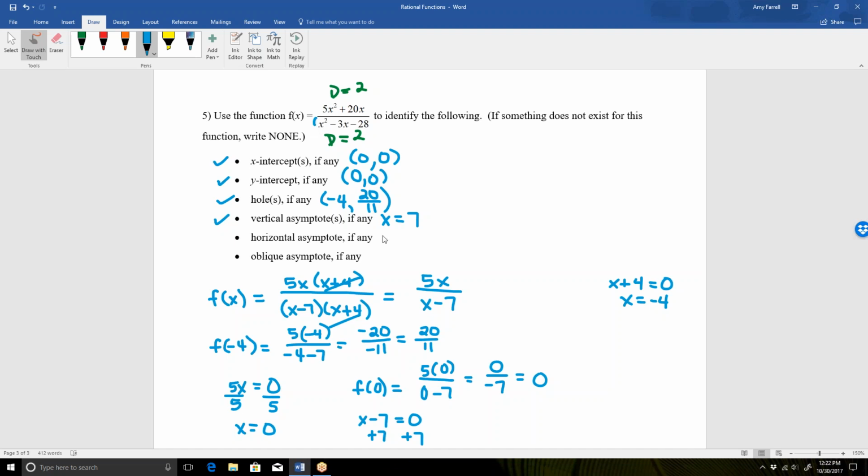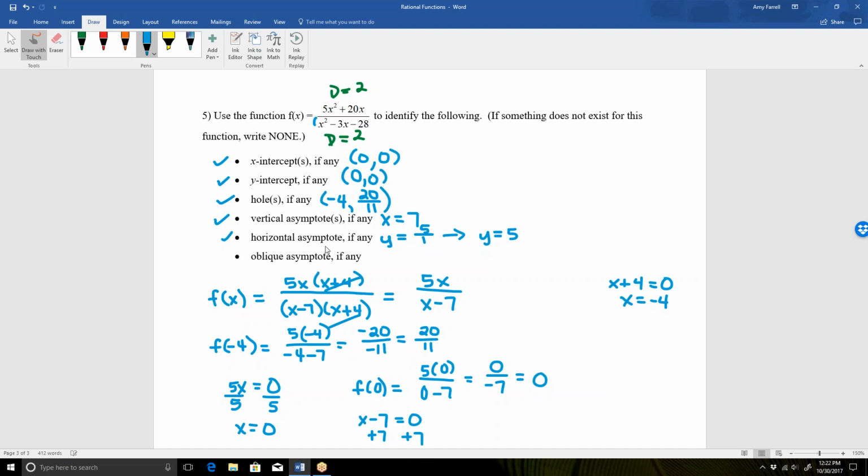So our horizontal asymptote is y equals 5 over 1, or y equals 5, because 5 over 1 is just 5. So y equals 5 is our horizontal asymptote. We took the ratio of the leading coefficients.